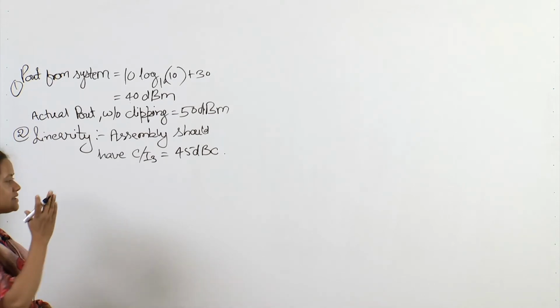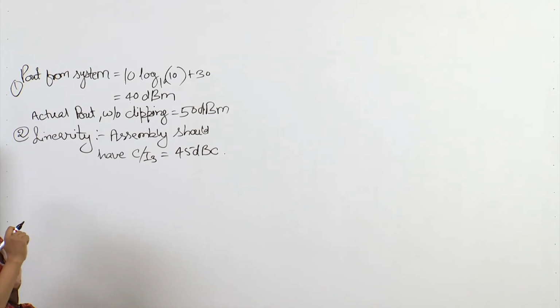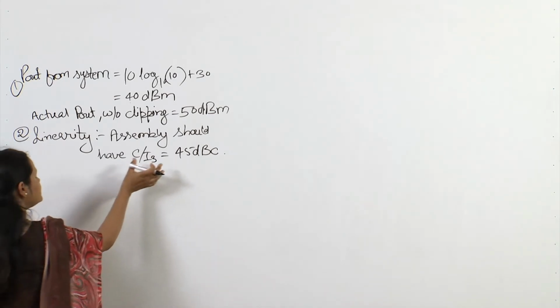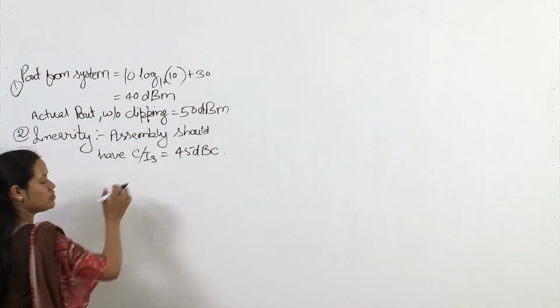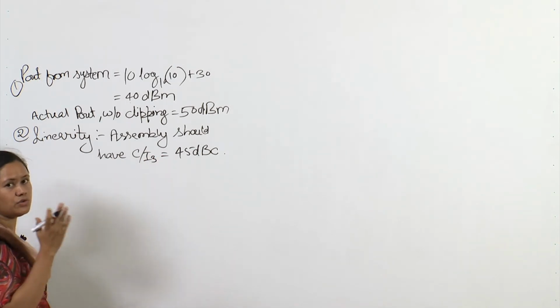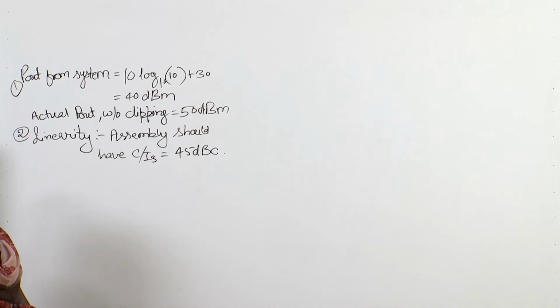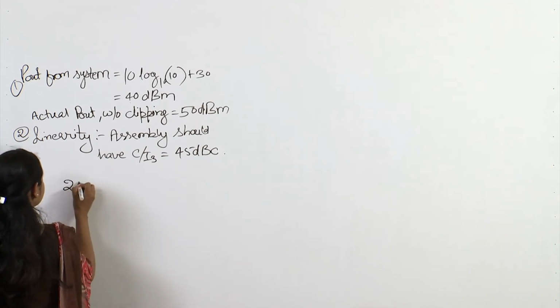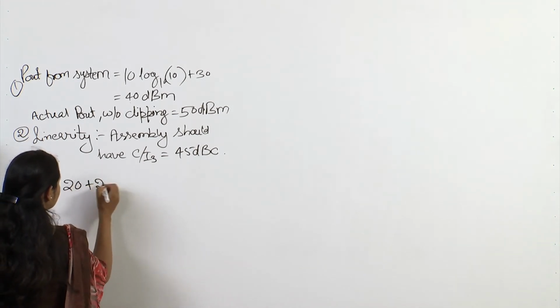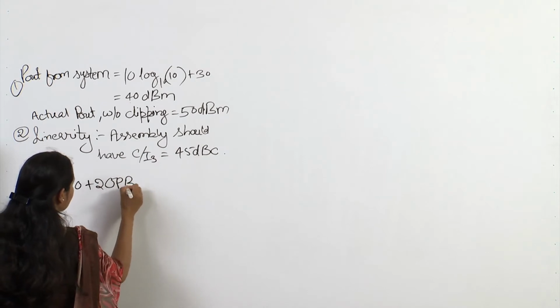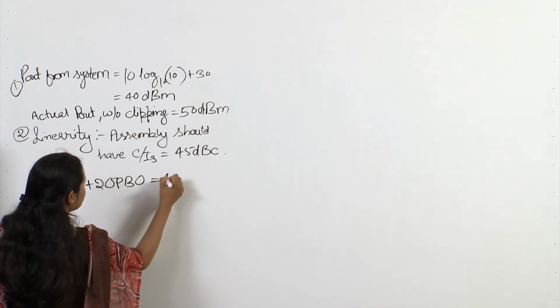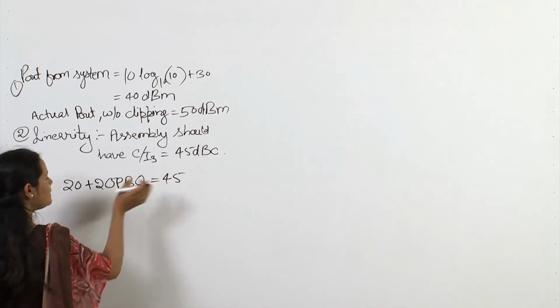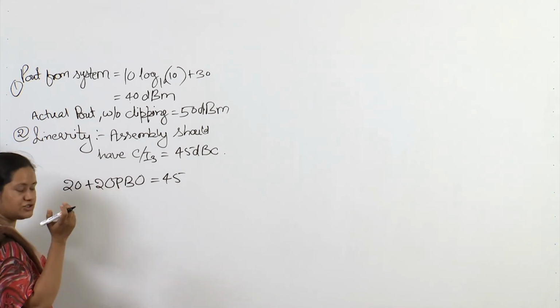And how this criterion was effective there, because this was the C by I ratio we have to maintain. So, we have to work at a particular power backoff for our solid state power amplifier. So, what was the formula? 20 plus 2 times OPBO was equal to the C by IMD3 ratio.